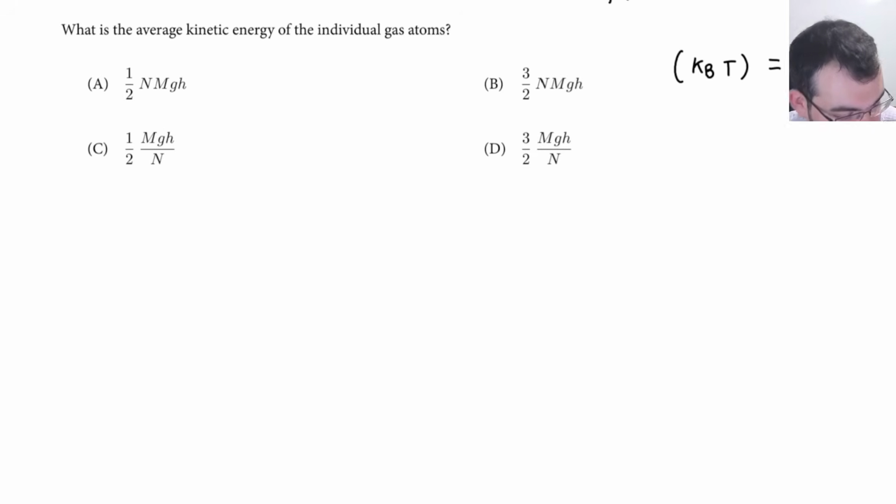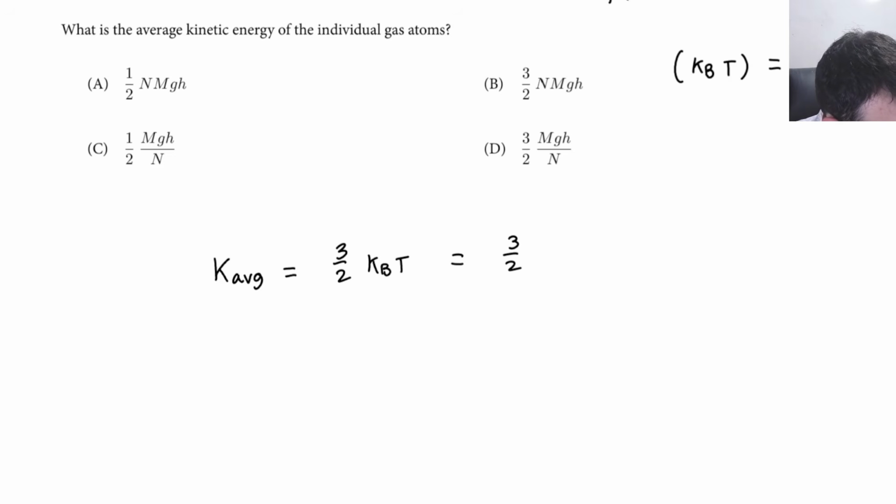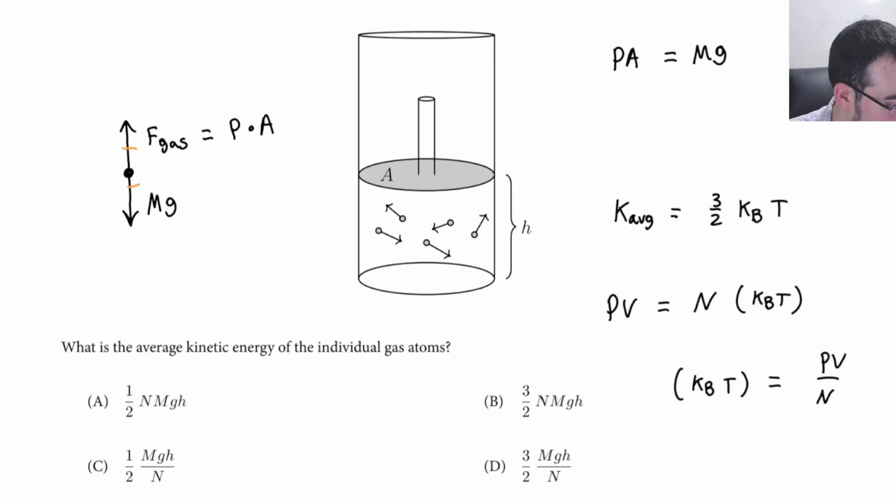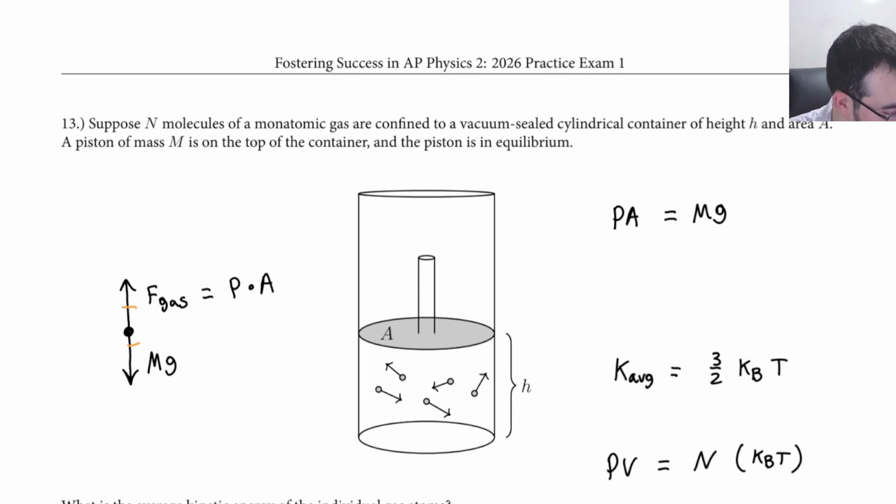So this tells us that our average kinetic energy is just going to be 3/2 times kBT, which is equal to 3/2 of PV divided by capital N, which is equal to 3/2 times, well, we can get an expression for P using our force balancing equation.